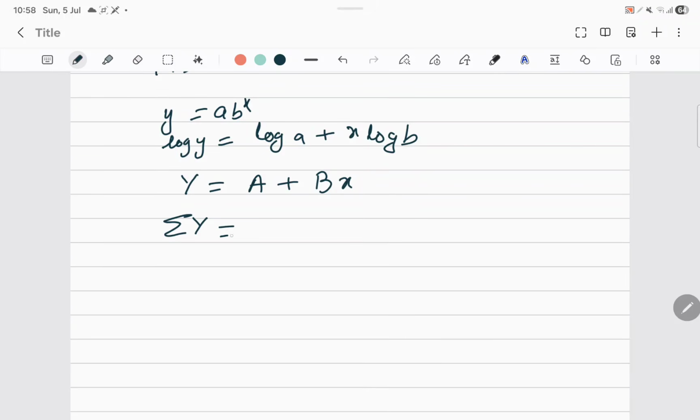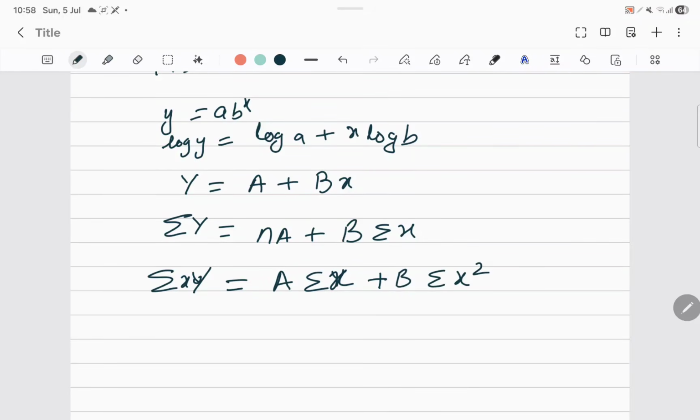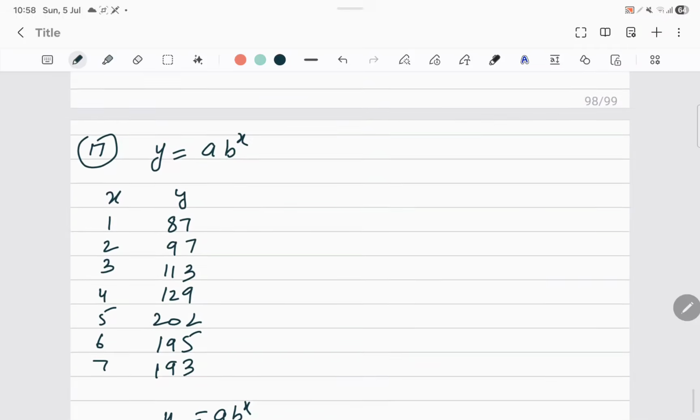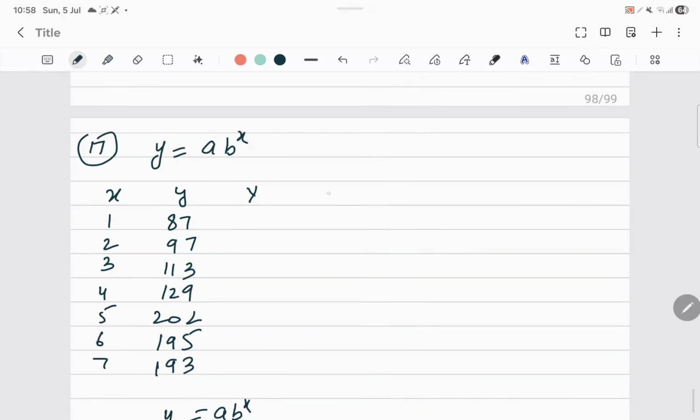Normal equation: summation Y is equal to na plus b summation x. Summation xY is equal to a summation x plus b summation x square. Okay. So my columns should be capital Y, x square and x capital Y, right?